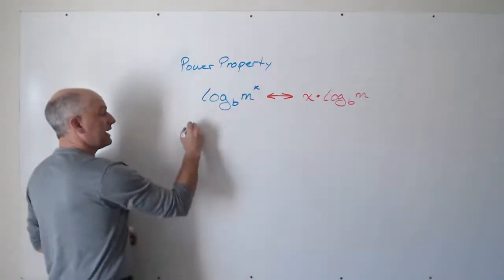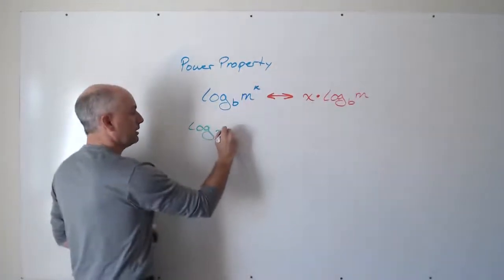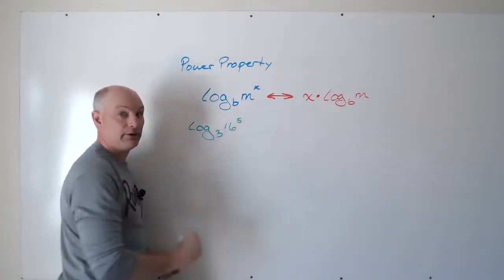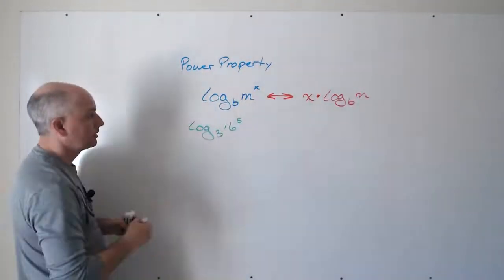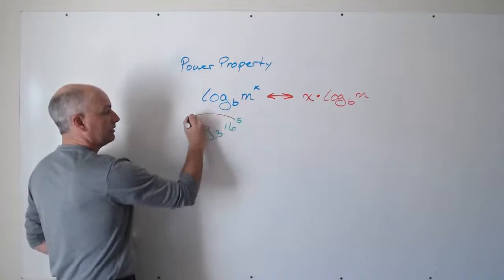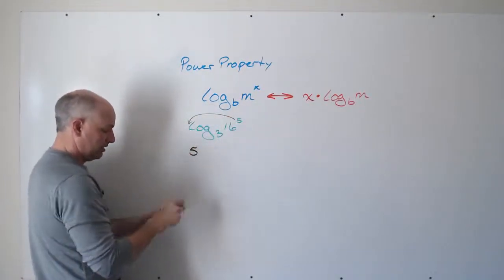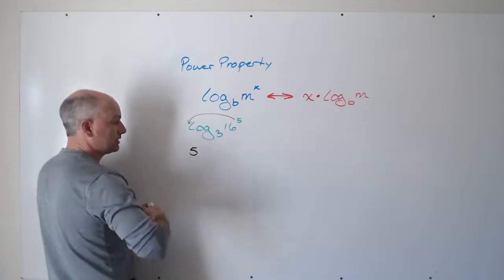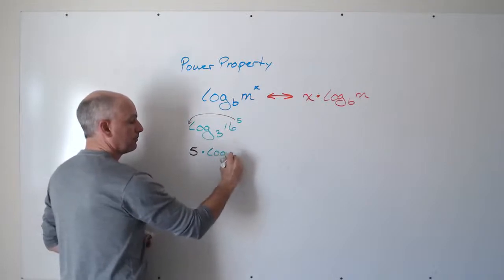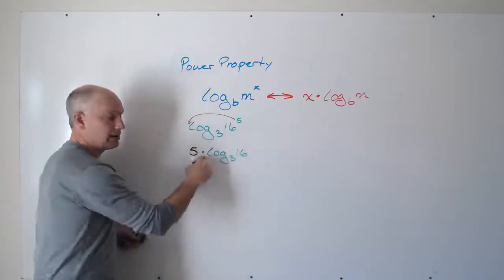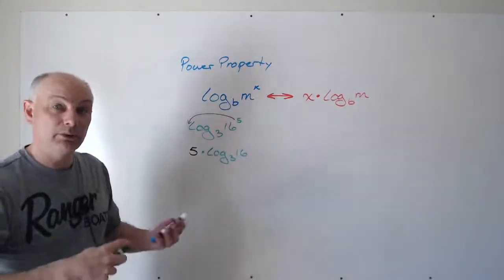Let's say that I've got log base 3 of 16 to the 5th power. Okay, so how can I rewrite that one? I can bring the 5 down front, and I can write it as 5 times the log base 3 of 16. Now, again, I'm putting a multiplication symbol in here. That is not something that is going to be required of you.